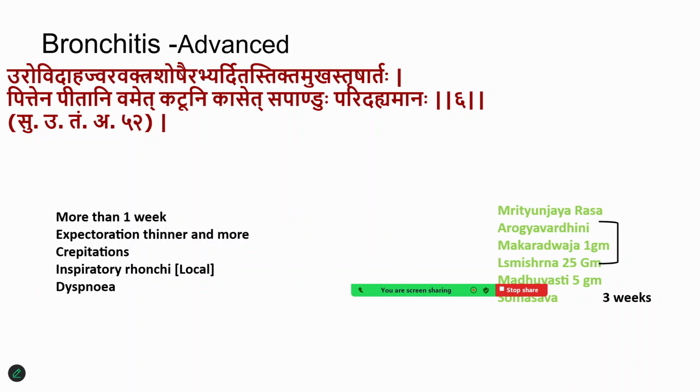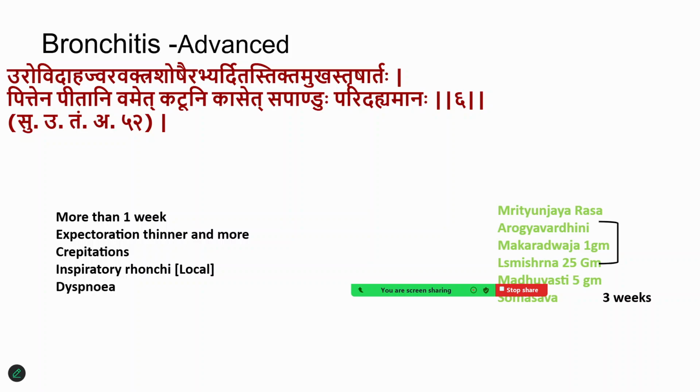These are the typical features of Pittajakasa, where you will have the typical features of Urovidaha, Jwara, Vatrashoshihi, Akhyarditaha, Tikta Mukhatrashartaha, Pittena Pitlanumeta. The condition becomes more severe, and most of the time the cause could be cough suppressant therapy, cough syrups, which are commonly used by people.